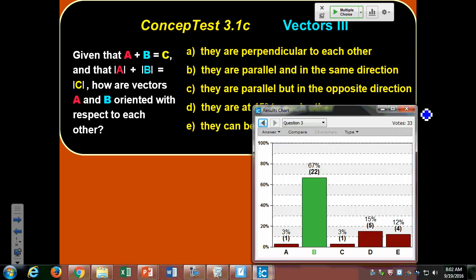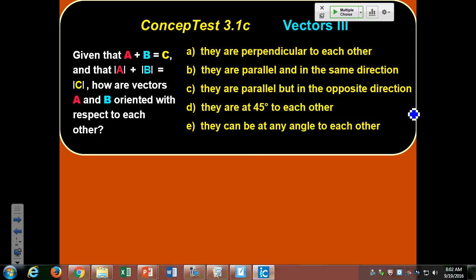Okay, B is right. Let me show you. So the vector sum A plus B equals C. Let's say that this is the vector A. This is the vector B. The vector sum would be this vector, if they're oriented in that way, right? However, this is also true. Let's say that A has a magnitude equal to 2, B has a magnitude equal to 3, then if they're oriented in this direction, C has a magnitude equal to 5, but only if they're oriented in that direction.